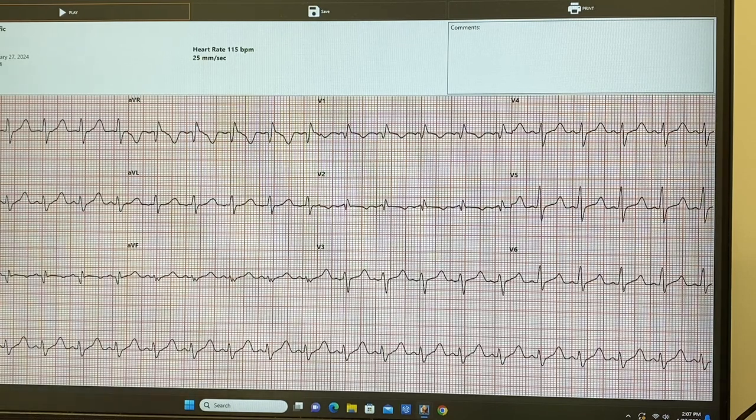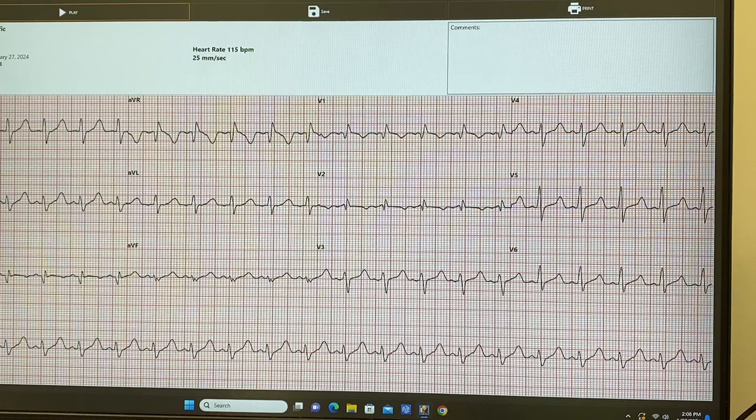Okay. I love how you just carry a calculator with you. Clinical purposes. 125. Okay, so we have what rate? A tachy rate.